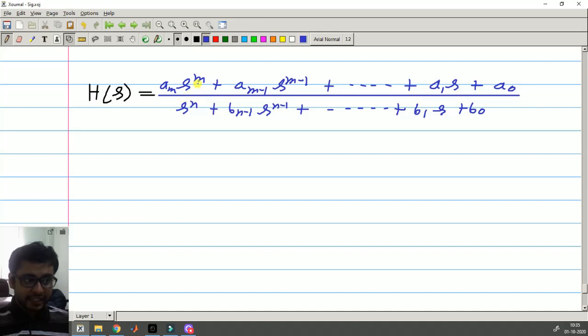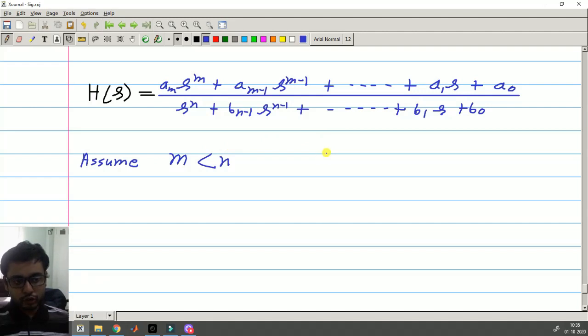The idea is quite simple. We will assume this m to be less than n. The degree of the numerator polynomial is less than the degree of the denominator polynomial.